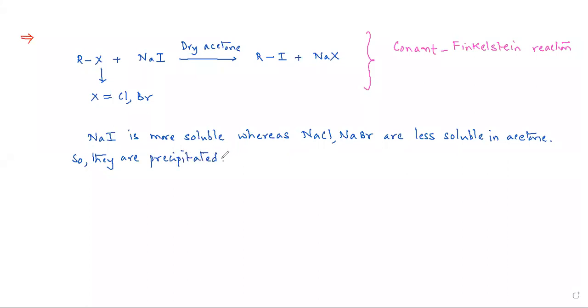Now, the Le Chatelier principle. Here we get sodium chloride, sodium bromide precipitates because they are less soluble.